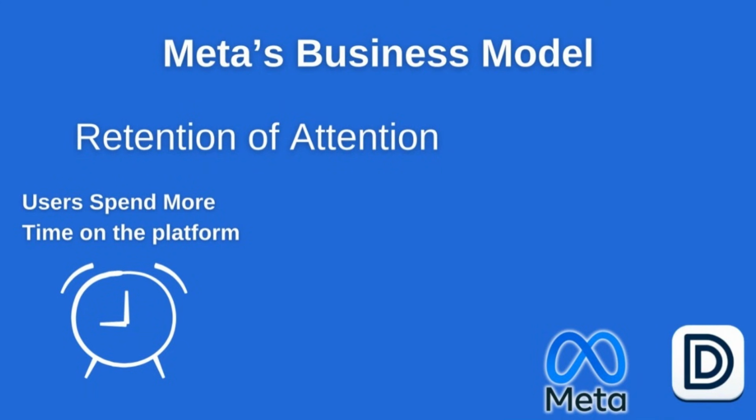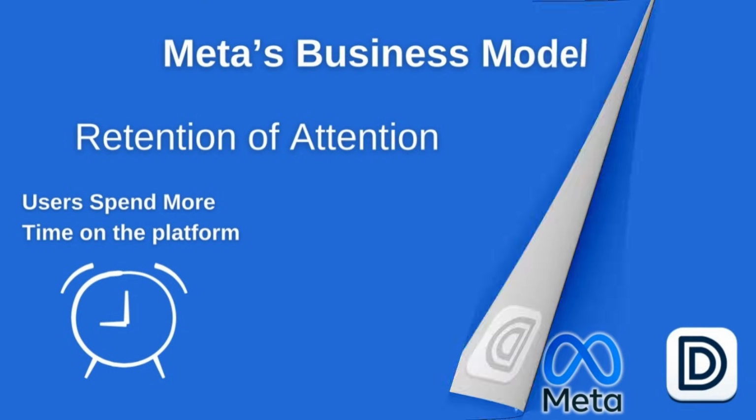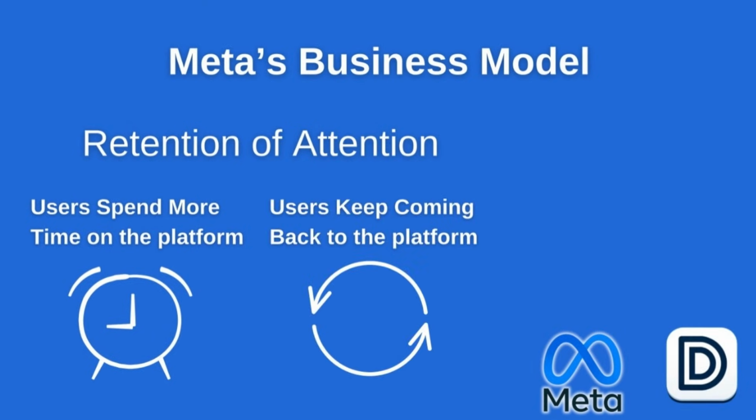And this is how we make sure that our ads are only ever targeting the best people. We have to understand that our ads exist like organic content to help Meta achieve their business model of the retention of attention. They want users to spend more time on the platform, and they want users to keep coming back to the platform. If you can meet your business partner's objectives, you are going to get better and better inventory for a lower and lower price.